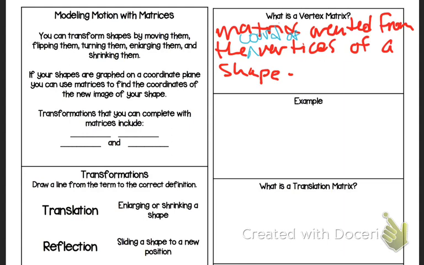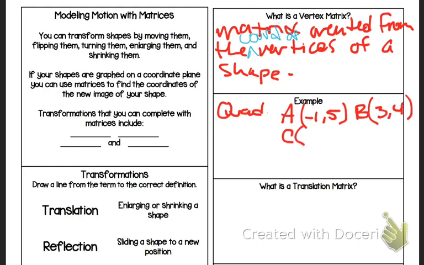For example, let's say we have a quadrilateral and your vertices are A (-1, 5), B (3, 4), C (4, 0), and D (-2, 1). Those are the four corner points of this shape. To translate that into a vertex matrix, we put the x values on top and the y's on the bottom.